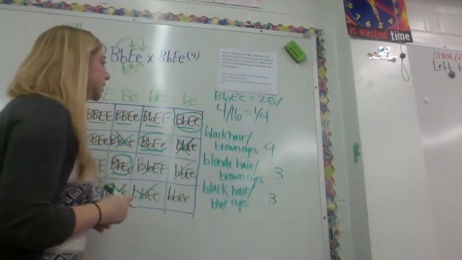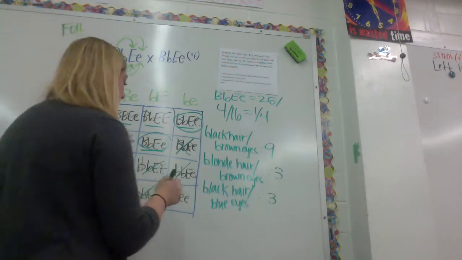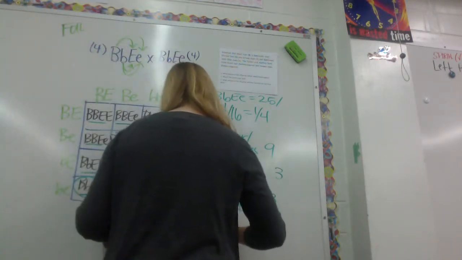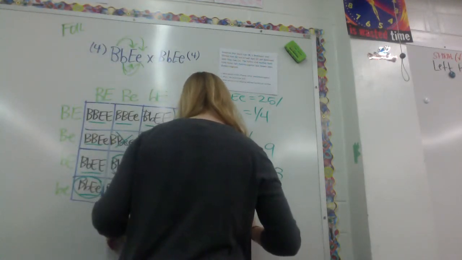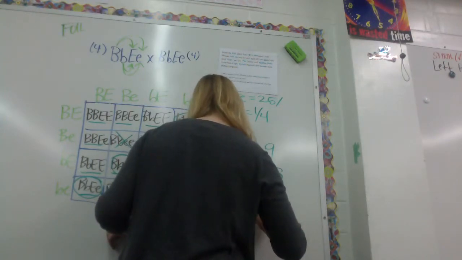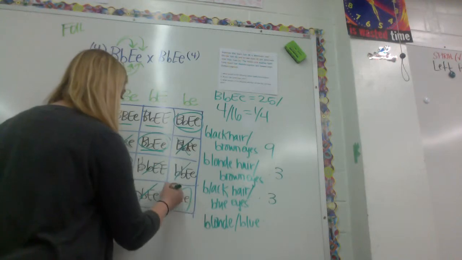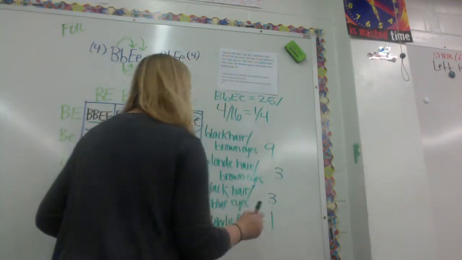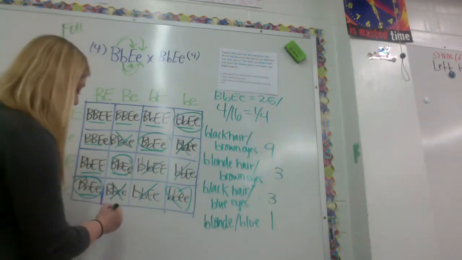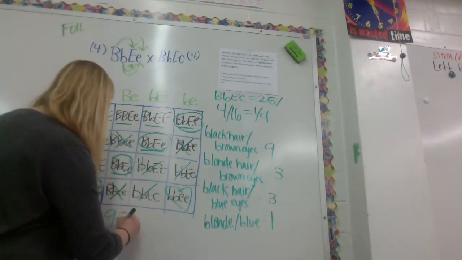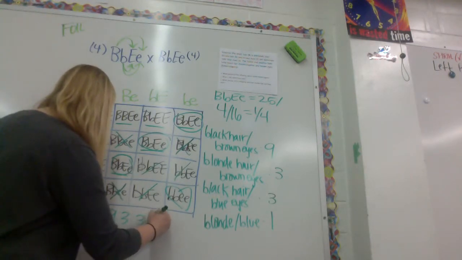And then we're going to look for the recessive trait of blonde hair, blue eyes. And we have one. So our phenotypic ratio would be 9 to 3 to 3 to 1.